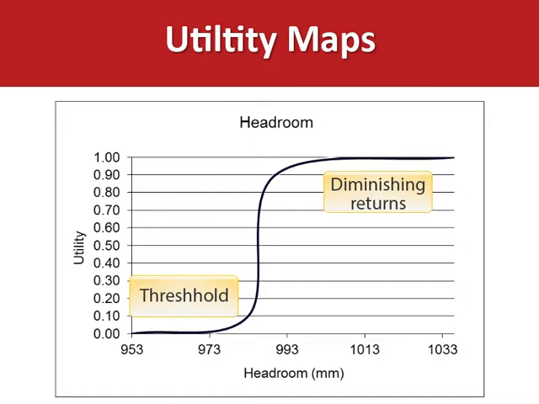So to illustrate this, let's consider the case of headroom in a car. On the low end, as the number of millimeters goes up, the utility stays extremely close to zero until you get to the point at which you have enough headroom. Then once you have enough headroom, you get this idea of a diminishing return. That is, each additional millimeter of headroom provides very little increase in utility.